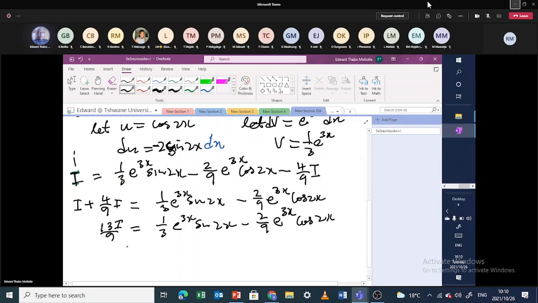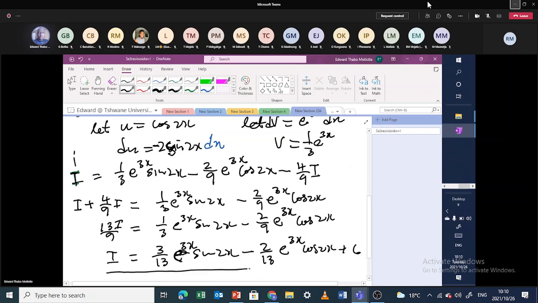Now from here I make I the subject. So 1 over 3 will cancel out with the 9. We have 3 over 13 e to the power 3x sine 2x minus 2 over 13 e to the power 3x cos 2x plus c, as 9 and 9 cancel out. So this is my solution. It ends there.